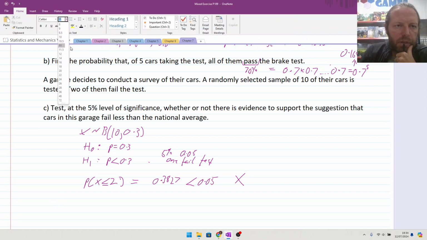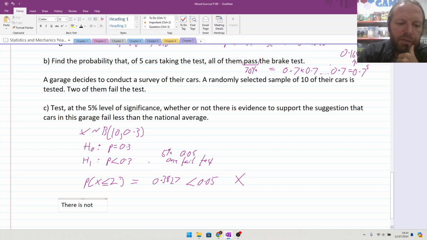So, just like the other questions so far in this bit of exercise, there is not the information. So, here we go. There is not sufficient evidence to reject H0.